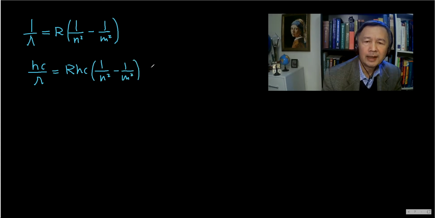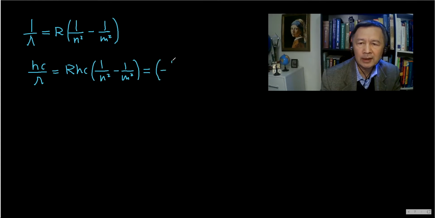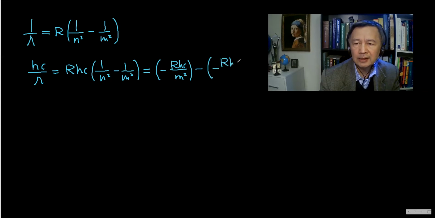Okay, and to go further, we have rewritten this as the difference between two terms. One is negative Rhc divided by m squared, take away negative Rhc divided by n squared.